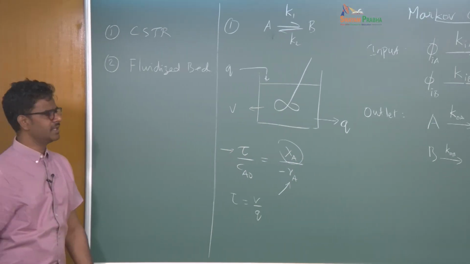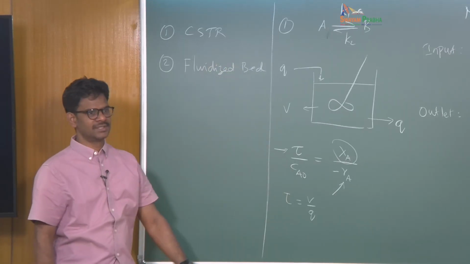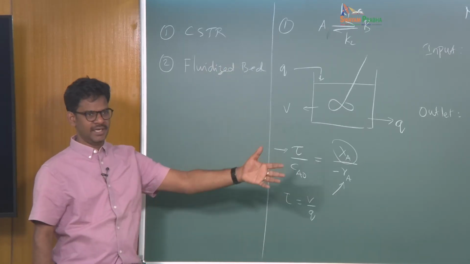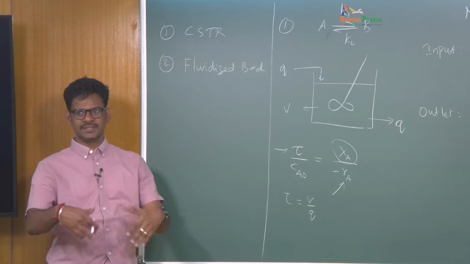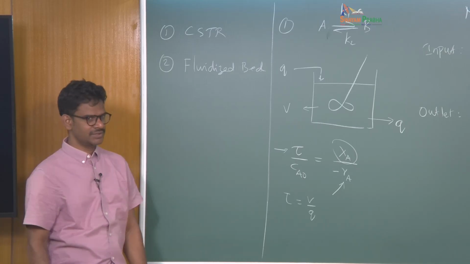So what we need to do is write a set of equations in the deterministic format, integrate, set up the transition matrix, and then write the Markov chain model. That's what we are going to do.